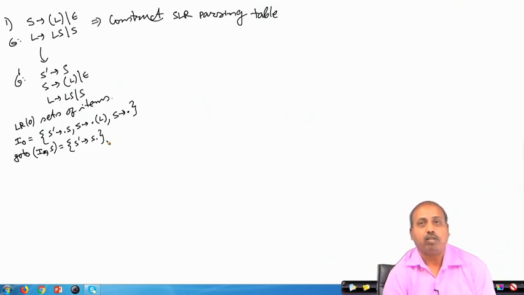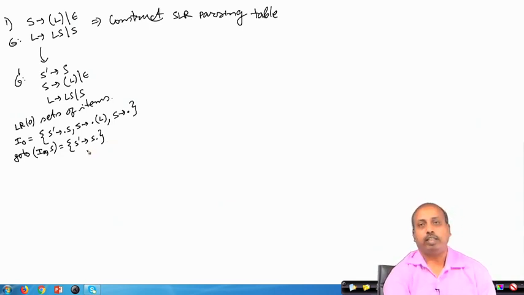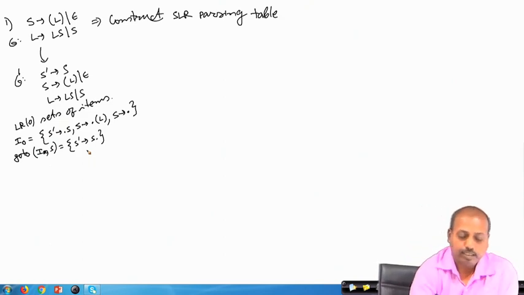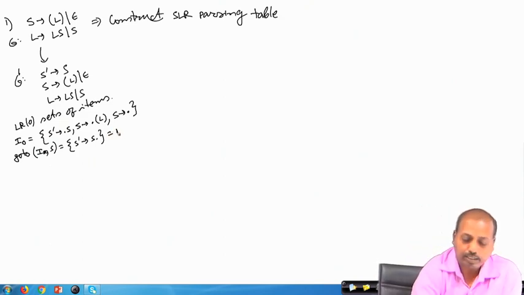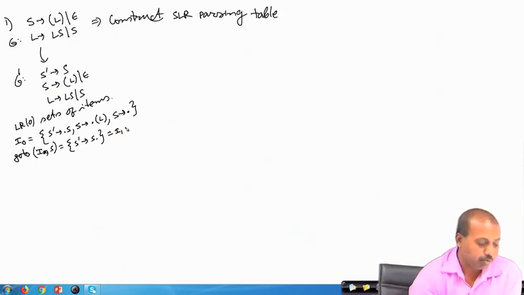No other item has got a dot before S. Even if you take closure, nothing is going to happen because the dot is at the end, and this is a new item that we have got. Let us name the item as I1.